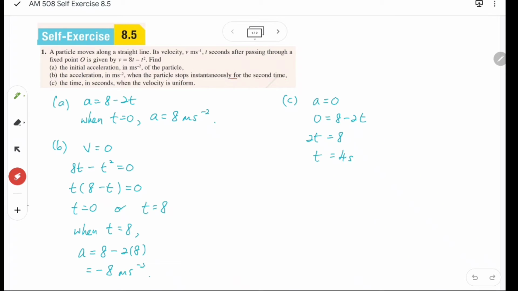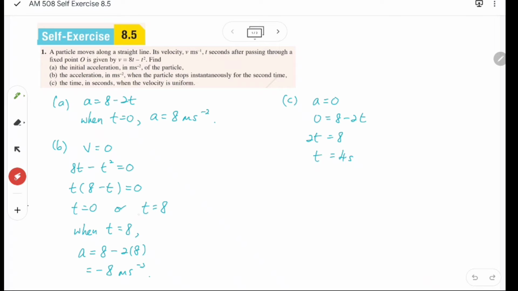This means that the particle not only stopped once, it stopped more than one time, and we want the second time. So start from v equals 0, we get 8t minus t squared equals 0. By factorization, we get t equals 0 or t equals 8. So this is the first time where the particle stopped, which starts with s equals 0.